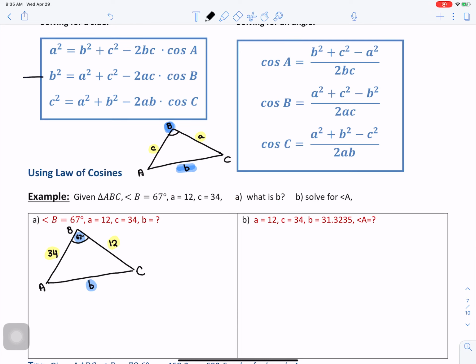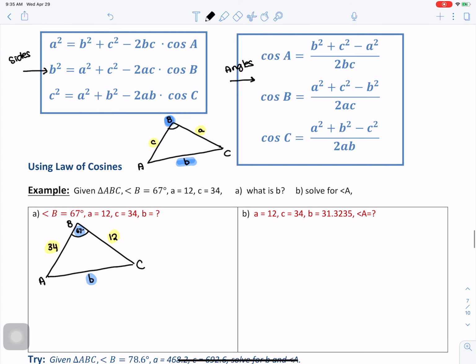So these formulas are used if you want to find sides, and these formulas are used if you want to find angles. Now there's so many formulas here, you only need to know one of them. So whatever pair you've highlighted, that goes in the position of those two spots. So if I was looking for one of the angles and the opposite side was given to me, I highlight that pair. So this is a pair, this is a pair.